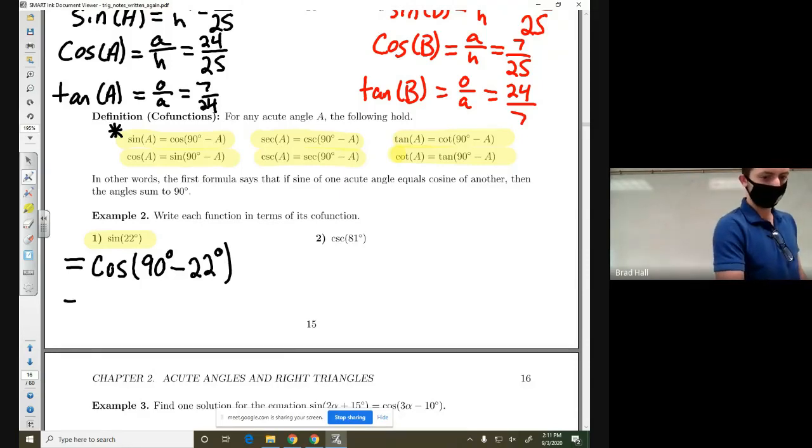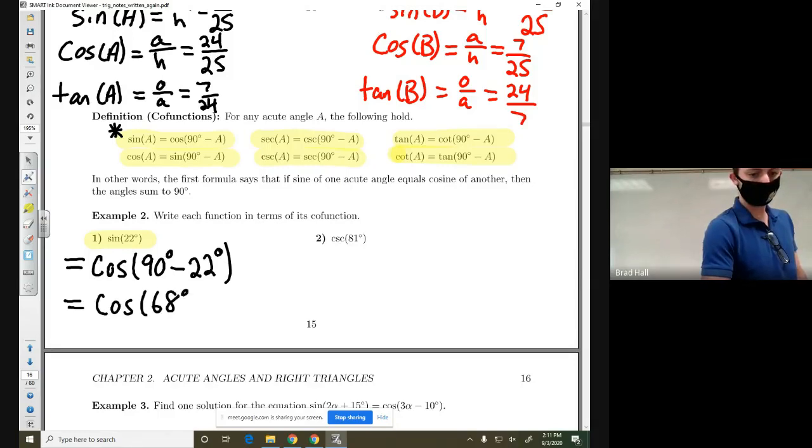Hopefully we can all do 90 minus 22. And that's it. So that would be a function rewritten in terms of its cofunction. We have written sine in terms of cosine now.